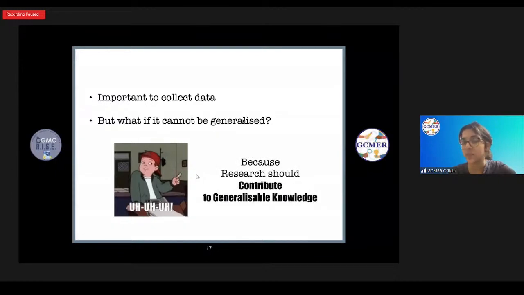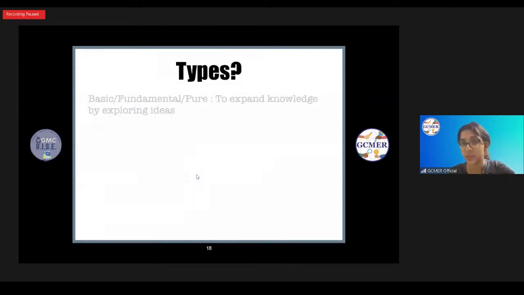If it's not generalizable, then it's not valid, because research should contribute to generalizable knowledge. Because someone sitting in the US, if you have written a paper about diabetes in general, then someone sitting in the US should be able to benefit from that data. If you have written about diabetes in India, then someone across India should be able to benefit from that information, whether that's a patient or a clinician, right? And that's why data needs to be generalizable. Your research needs to be generalizable.